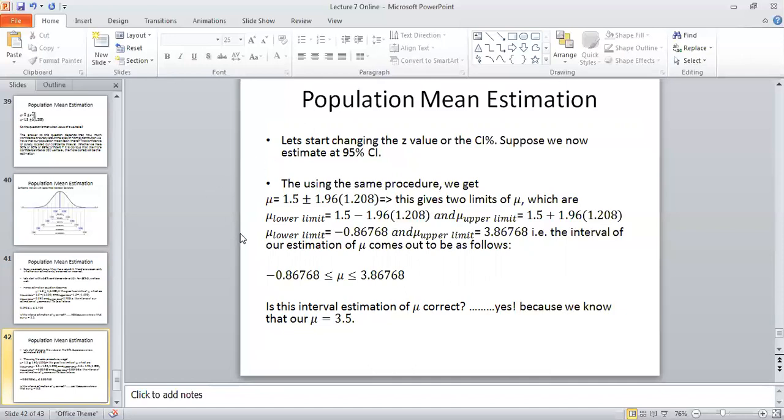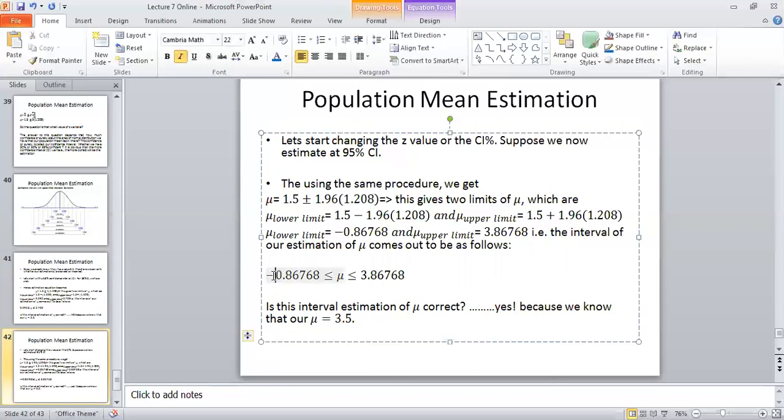That is, the population mean estimate interval is from minus 0.86768 to 3.86768, which basically means that the population mean lies anywhere between these two values. And since we know that the population mean value is 3.5, this also means that our estimate is much better as compared to the previous one, because this interval does contain the population mean.